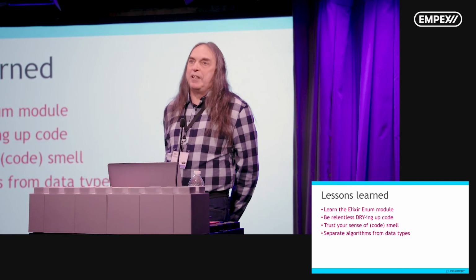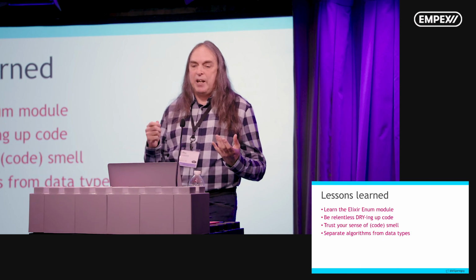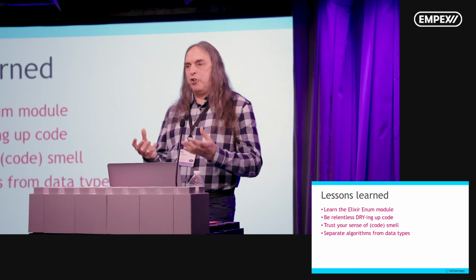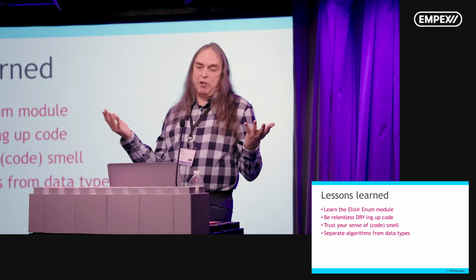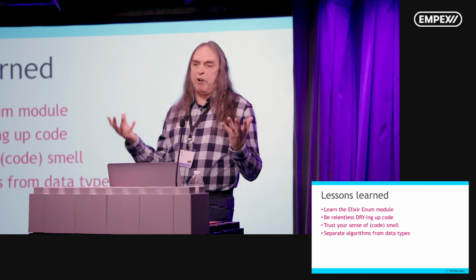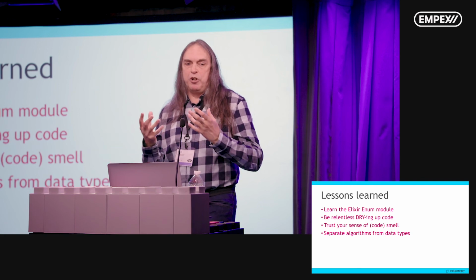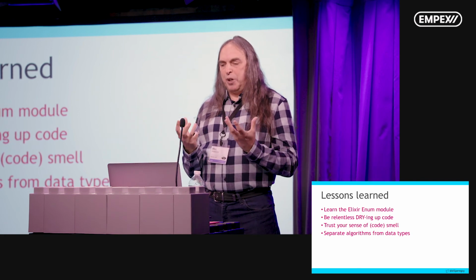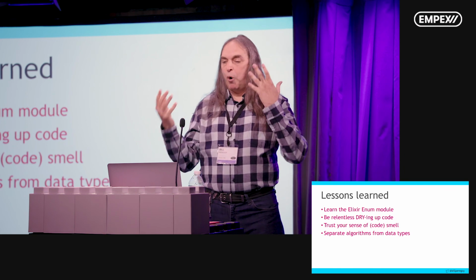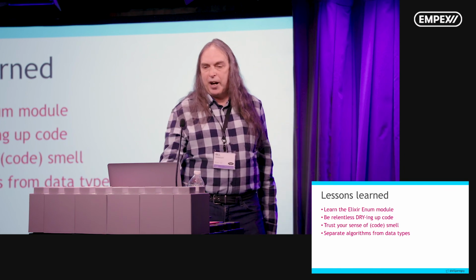And in many cases, that smell can be fixed by just using higher order functions to abstract what you want and make it work. And the last one is kind of a summary of all this. Find ways to separate your algorithms from your data types so you can reuse what you have. So that's kind of the bulk of what I wanted to talk about, my lessons learned.